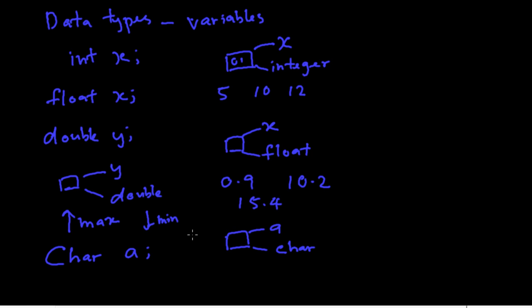Now, char A doesn't mean that the value in this box is A. It's still empty. I haven't assigned a value to it. It can store alphabets from A to Z, any special characters like hash, comma, so on and so forth. This is what is known as char.